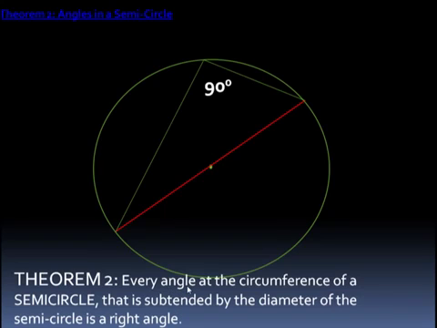Circle theorem 2: every angle at the circumference of a circle that is subtended by the diameter of a semicircle is a right angle. A right angle we call 90 degrees. And the reason is because this angle down below here is 180, and the angle at the center must be twice the angle at the circumference. But we look at this rule in its own right as circle theorem 2, that the angle in a semicircle is 90 degrees.